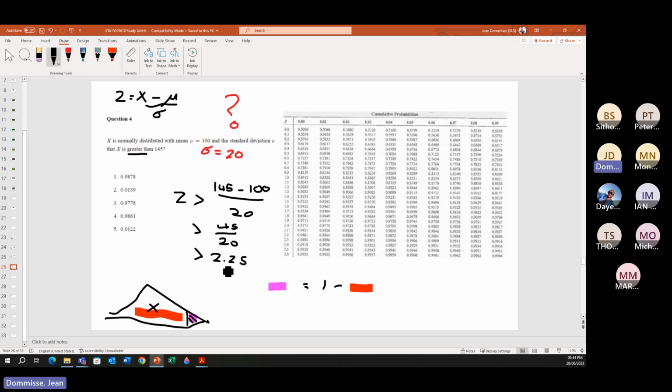So we know that we can look at Z bigger than 2.25. So let's look at 2.25. We go down to 2.2, we go across to 0.005. Okay, so let's see.